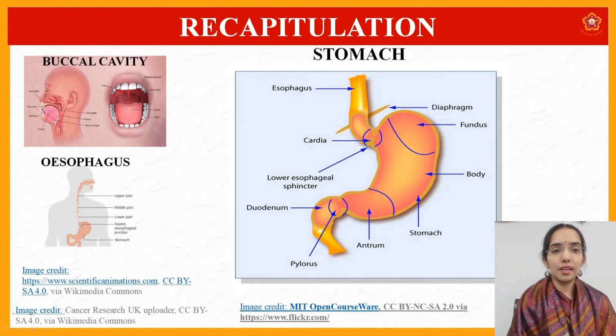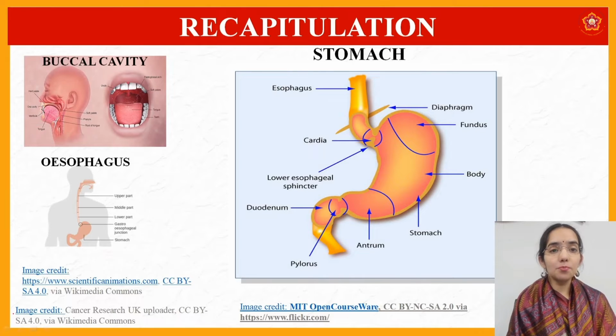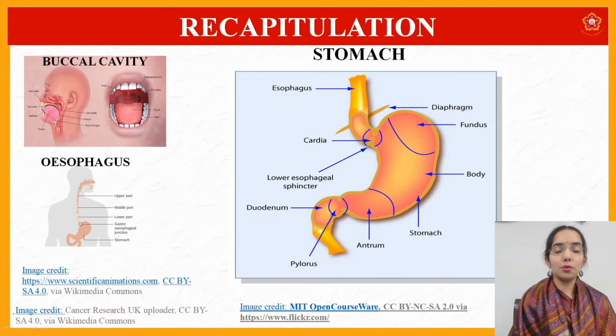And what is the function of mucus? As HCl is an acid, this acid can damage the wall of the stomach. So the purpose of mucus is to protect the lining of the stomach from the HCl.